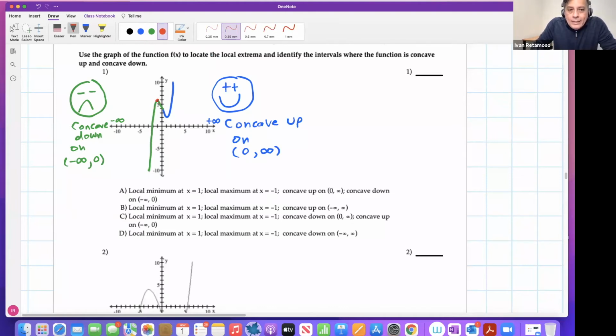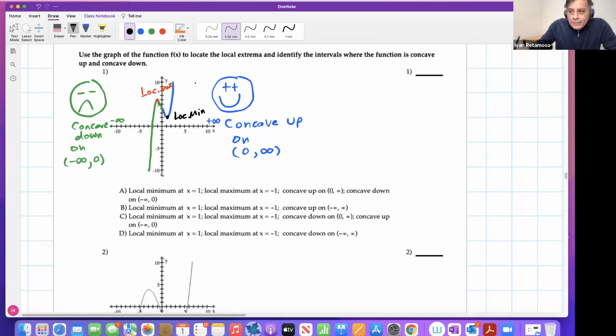Here, clearly, since it's changing from increasing to decreasing, it is a relative maximum or local maximum. And here, let's use a different color. Here, local minimum, because it is the lowest output value in the neighborhood of 1.